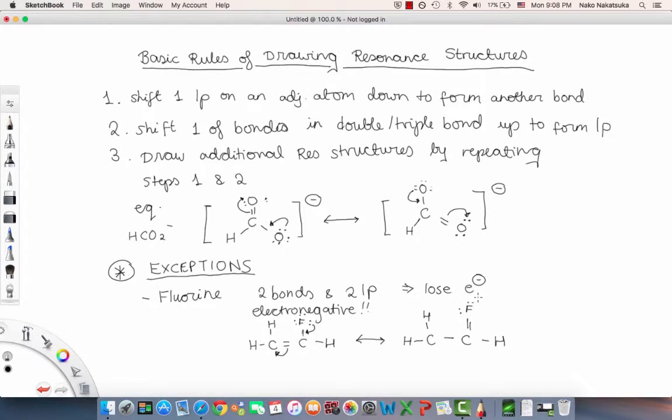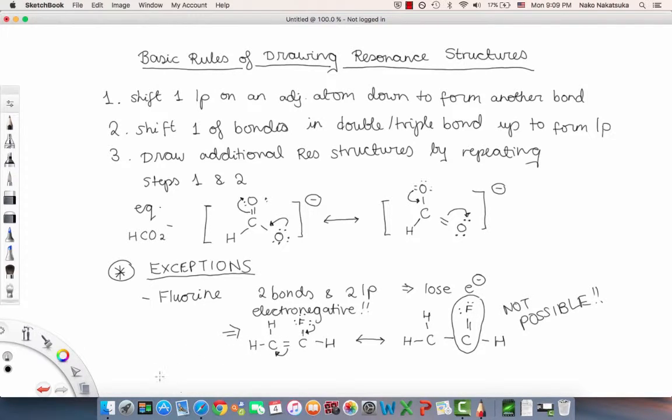However, fluorine right here does not like to have 2 bonds and 2 lone pairs. This structure is actually not possible. So fluorine is an exception to this rule, and this structure is actually the only one that can exist. And this is the correct structure for this particular molecule. So fluorine is one to take care of because it's an exception to the resonance structure rules.